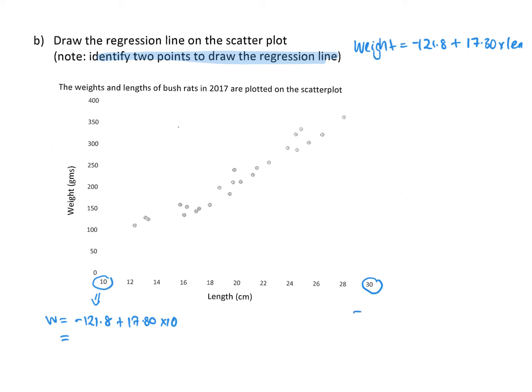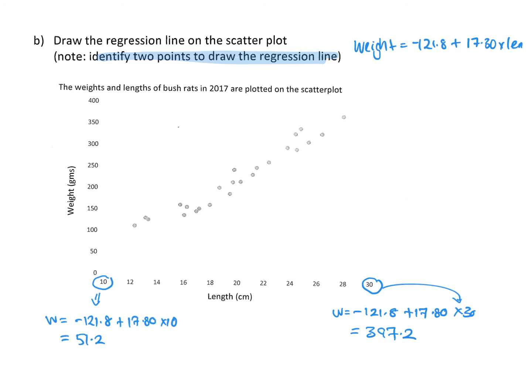And then I do the same over here, negative 121.8 plus 17.30 times 30. So I'm just subbing those into where the x bit is, and I'll get an answer. And I did that: 51.2 and 397.2.